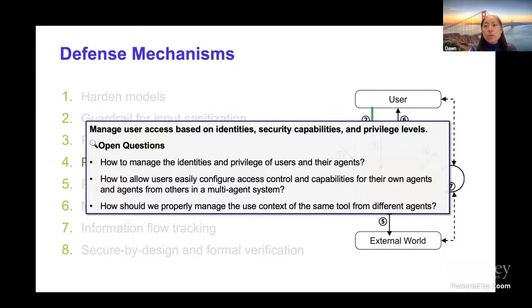So this requires new frameworks to be developed, and there are a number of open questions. How to manage the identities and privileges of users and their agents? How to allow users to easily configure access control and capabilities for their own agents and also agents from others in a multi-agent system? And how should we properly manage the use context of the same tool from different agents?